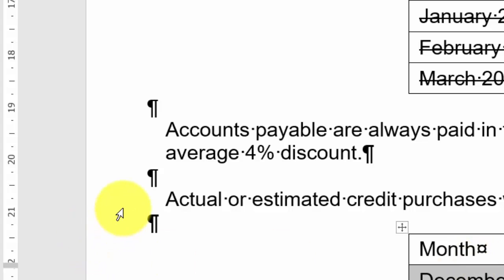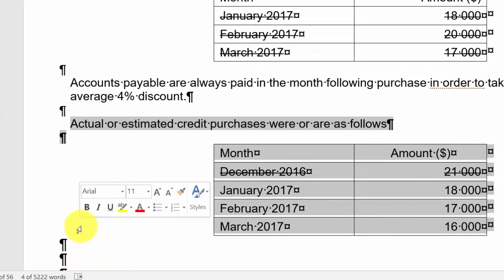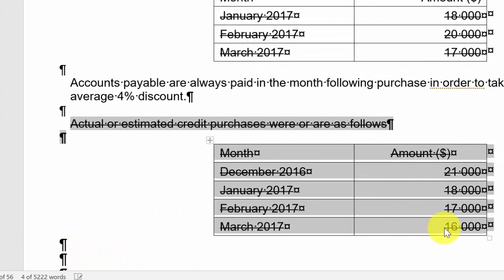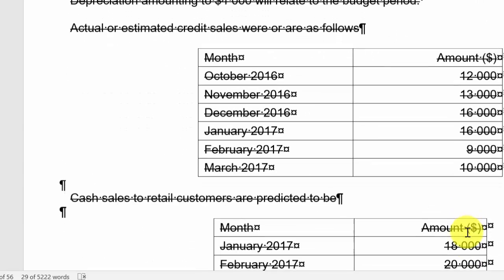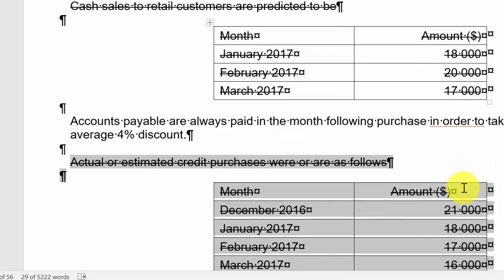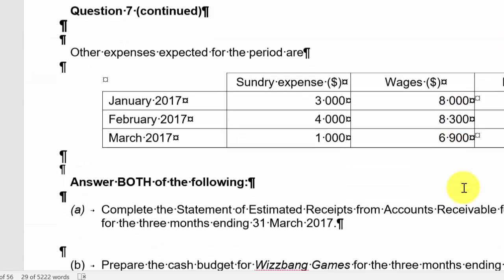So I've done accounts payable now, so that's all cool. You'll note that the March figure I don't account for because that gets paid in April and we're only dealing with up to March. And similarly, when I did the credit sales, March gets dealt with in April, so I totally ignored it. What else is here?